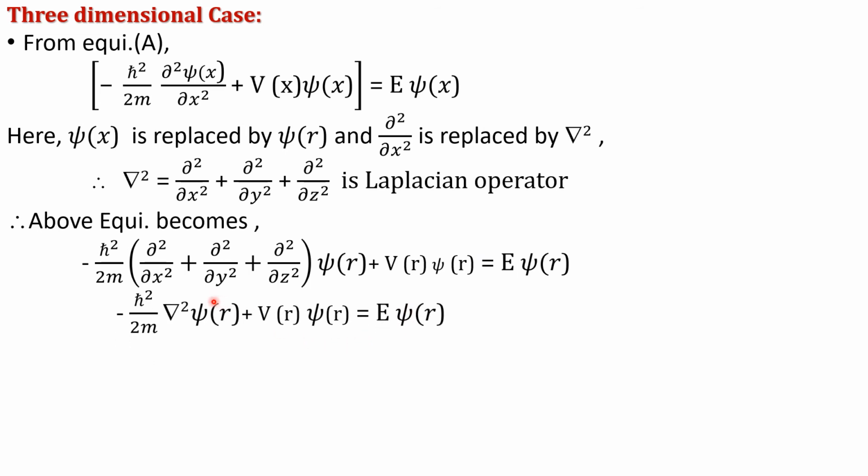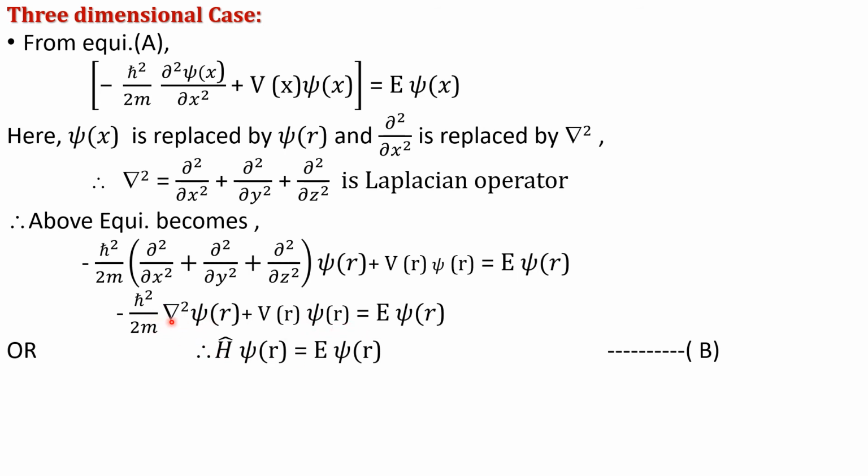Or the equation directly in del square: minus h cross square by 2m del square psi of r plus V of r psi of r, this is as it is, equal to E psi of r. This equation can also be written in Hamiltonian operator form: minus h cross square by 2m del square plus V of r, outside we write psi of r.